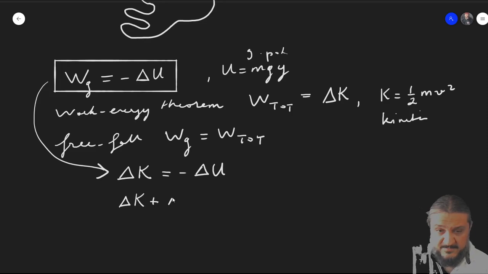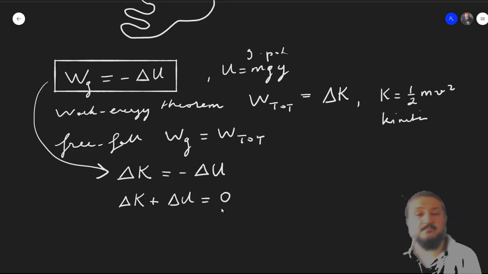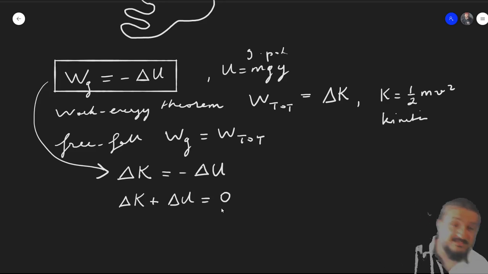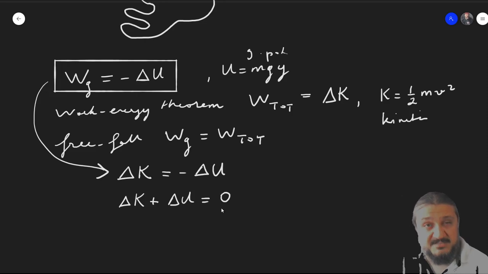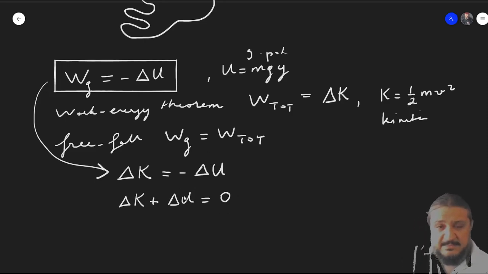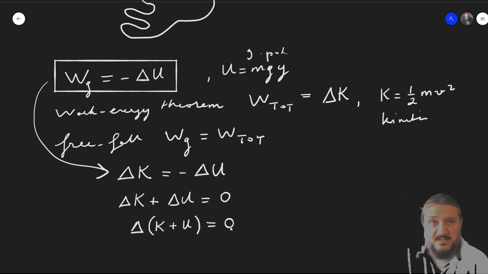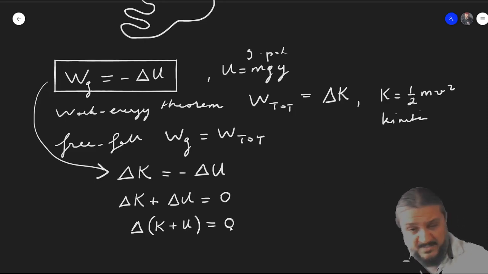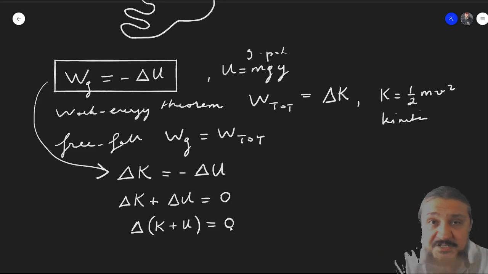It becomes positive, equals 0. The change in the kinetic energy plus the change in the potential energy is equal to 0. So why don't I write it like this then? The change in the sum of the kinetic and potential energies is equal to 0. Right? Mathematically, I mean, because delta means final minus initial.